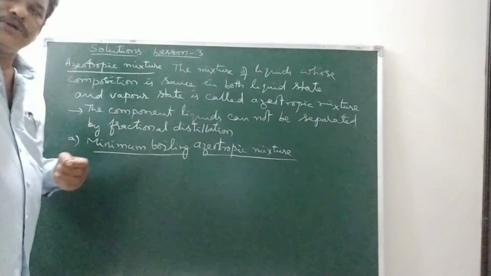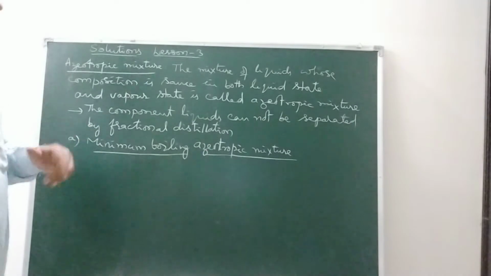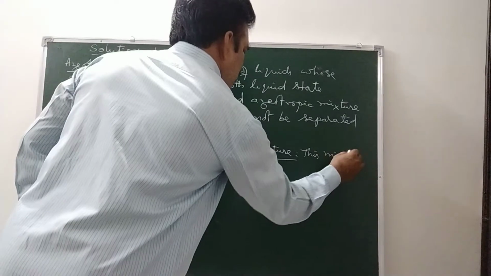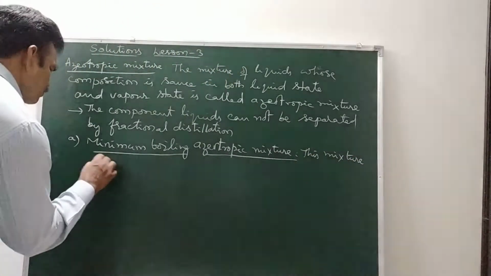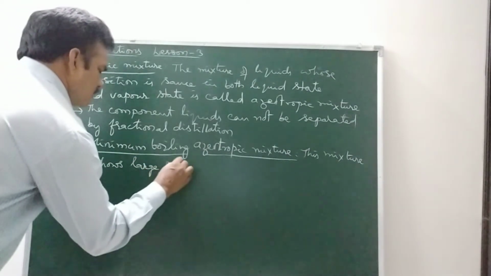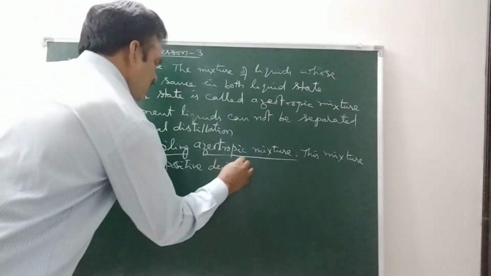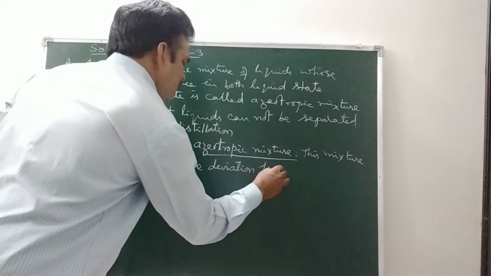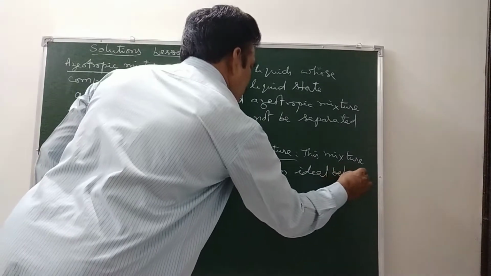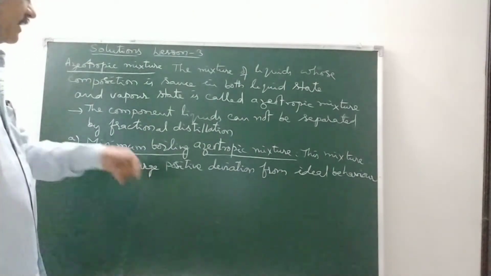The minimum boiling azeotropic mixture shows large positive deviation from Raoult's law, that is, large positive deviation from ideal behavior.